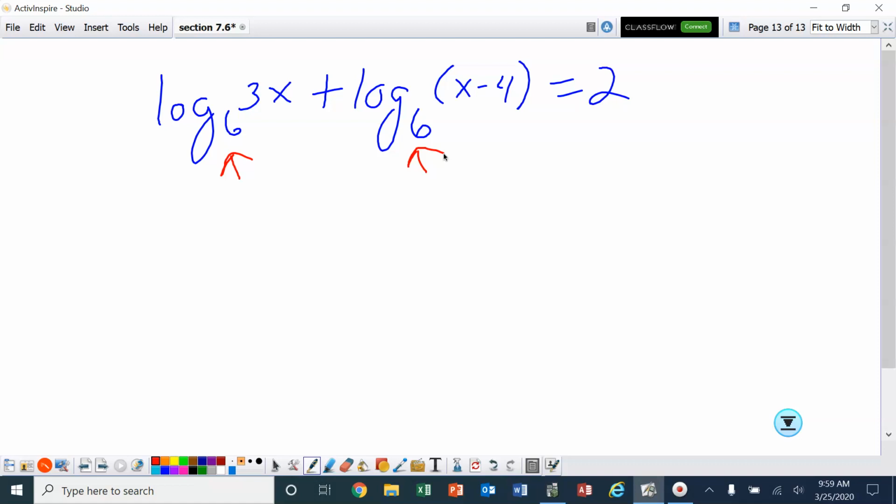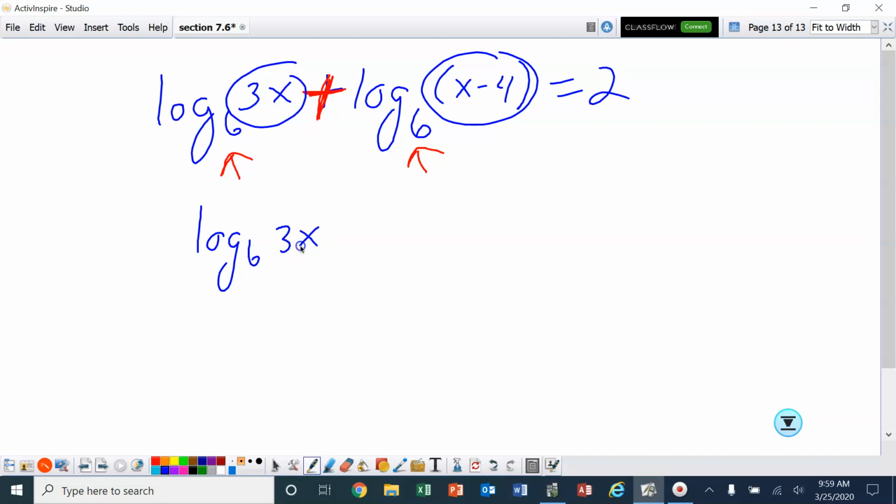Using the rules that you learned earlier, see this plus sign? That tells us that we can take these two things, and the rule is we're going to multiply. Rules of logarithms. So we're going to rewrite this as log base 6 of 3x times x minus 4 equals 2.